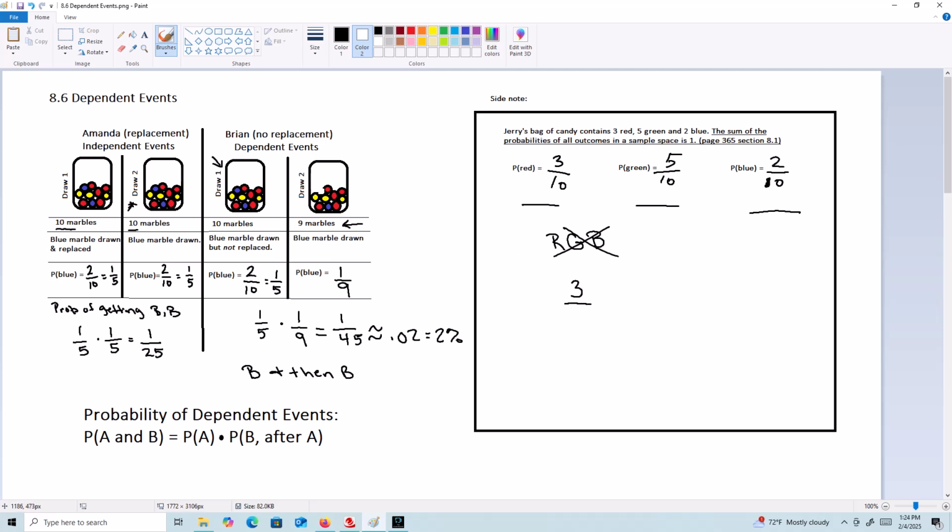So you reach into that bag of candy, you're going to get either a red, a green, or a blue. You add all of those up and you're going to get 1, or 10 tenths equals 1 equals 100%. Okay, so if you need a refresher on that, go back to section 8.1.